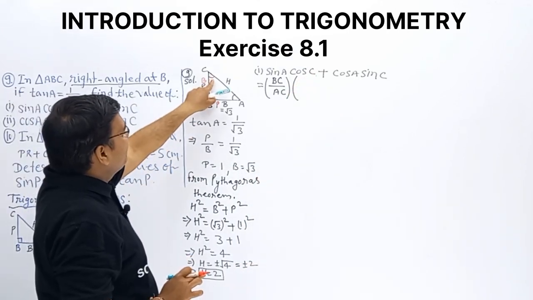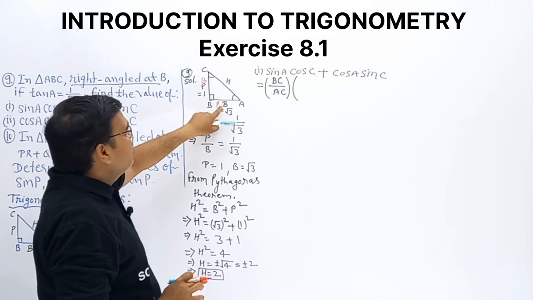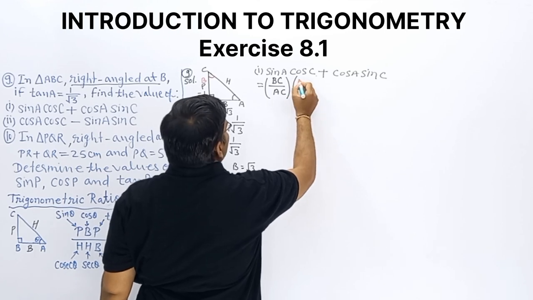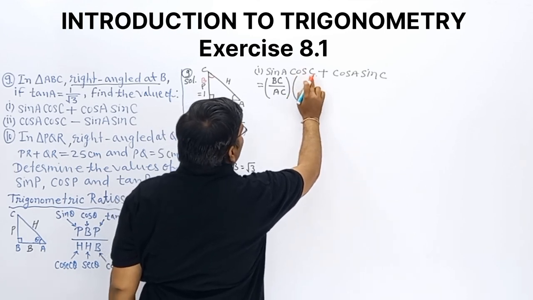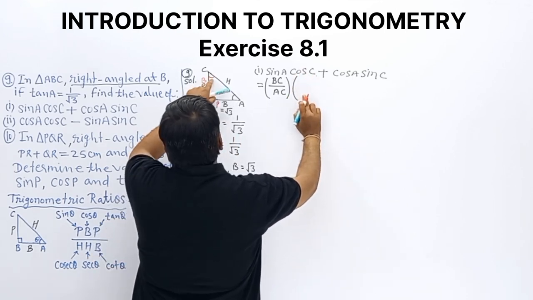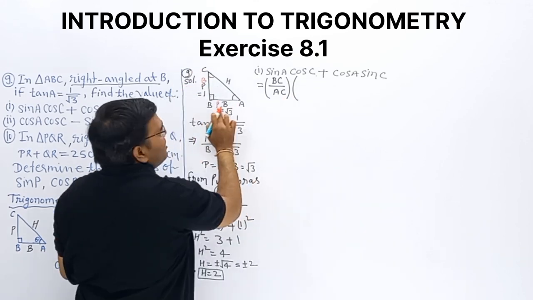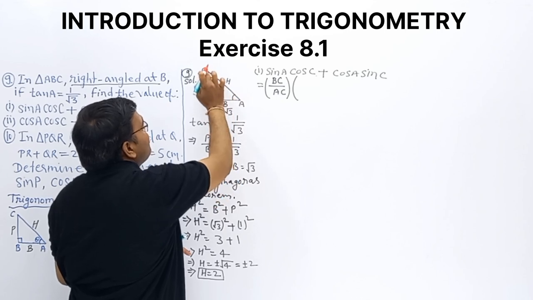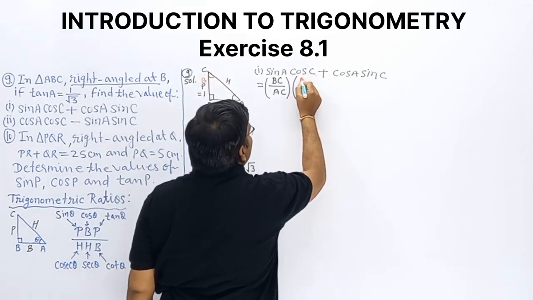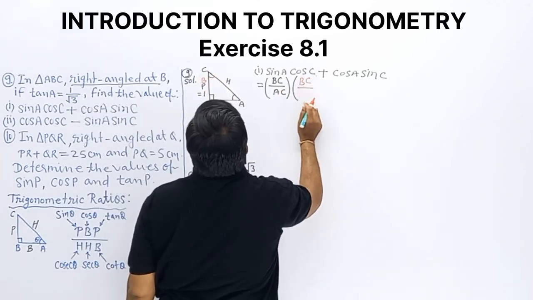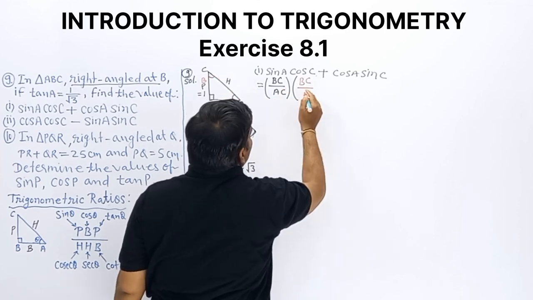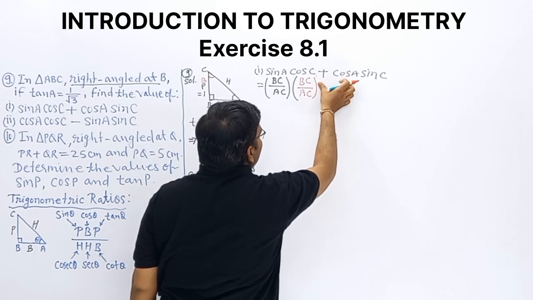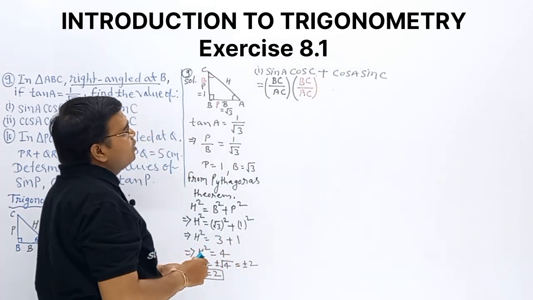For C this one will be base. This is not the base at present; this is the base for the acute angle A. For C, this will be base. So we will say BC upon hypotenuse, which is the same in both, AC. Clear? Plus I am taking the next one, cos A.